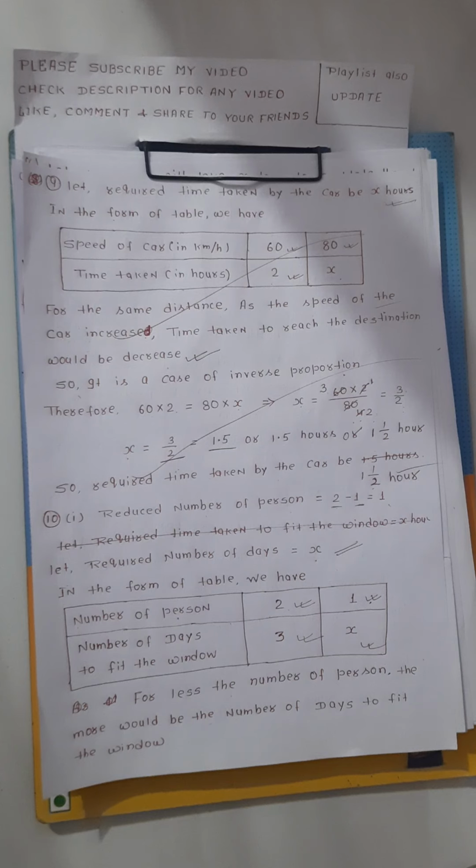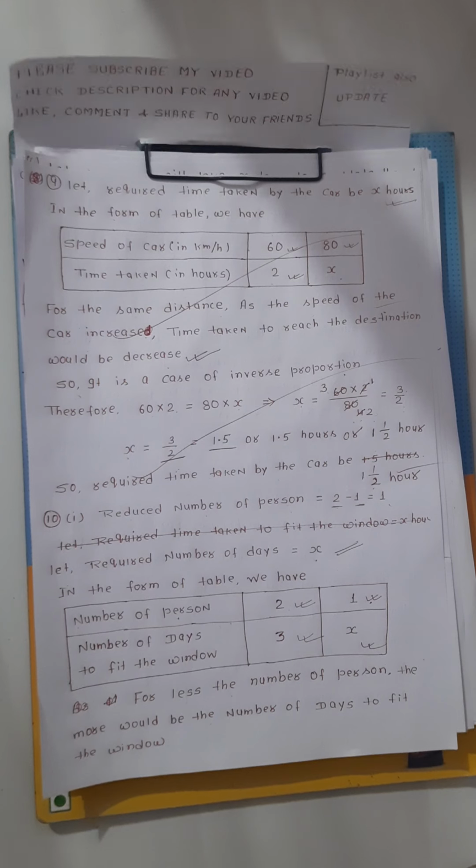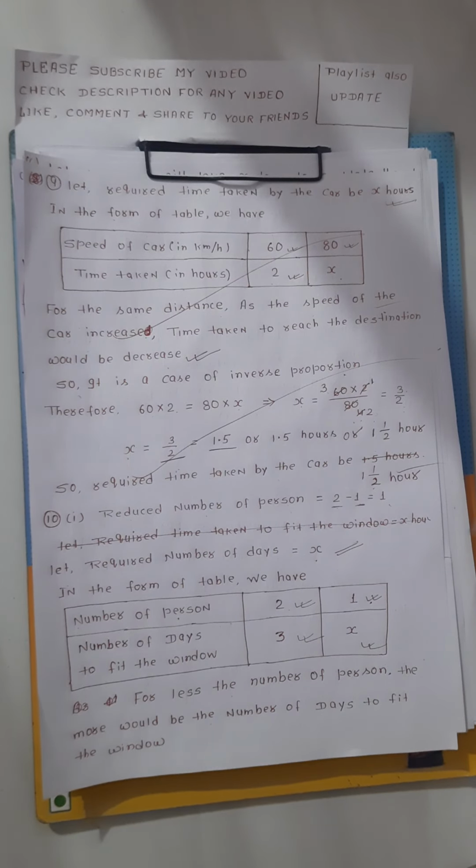If the number of persons is more, the job will be completed in less days or less hours. The time taken will be less, and if the number of persons is less, then the time taken will be more.